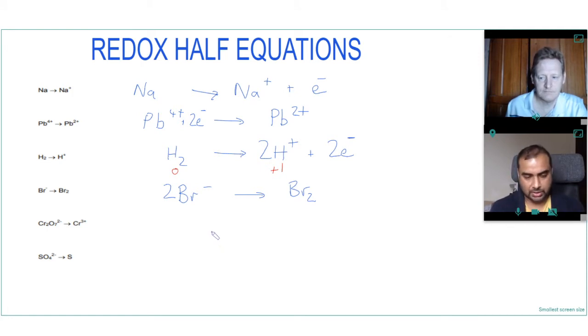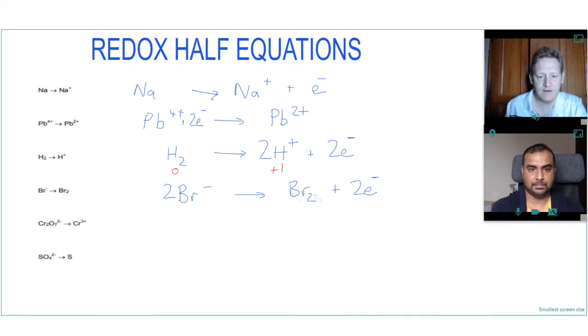So in order to form molecular bromine, they would have lost 2 electrons in total, so plus 2e- on the right-hand side. In terms of balancing charges, we've got -2 on the left-hand side and -2 on the right-hand side, so we can see that's correct.